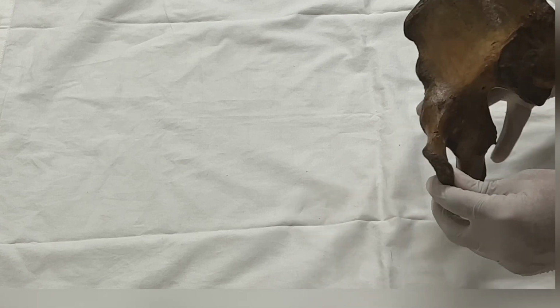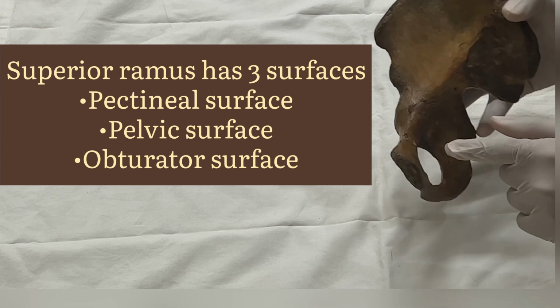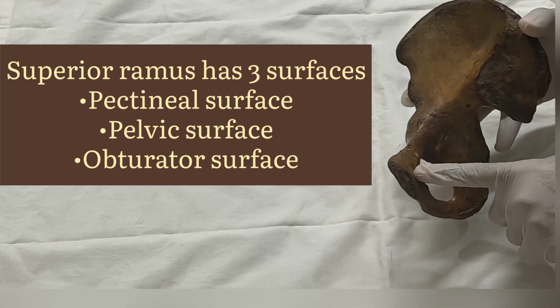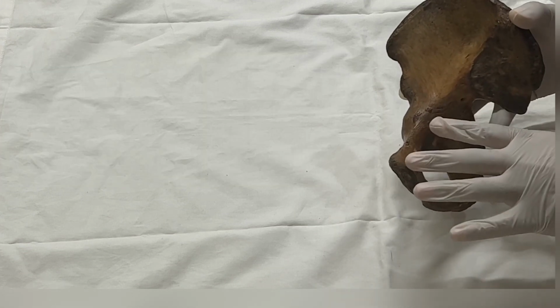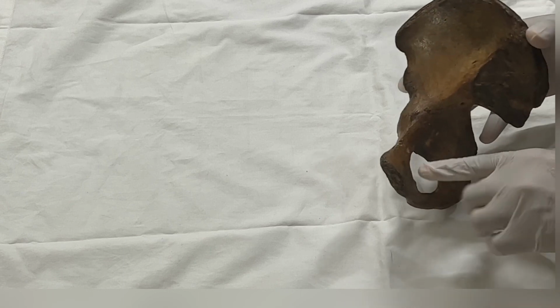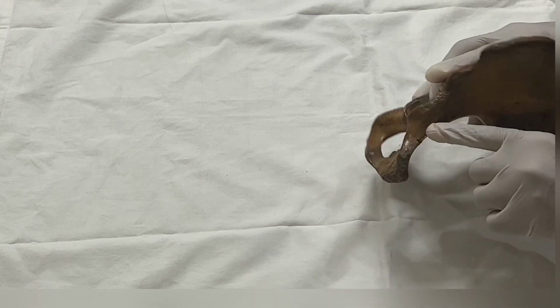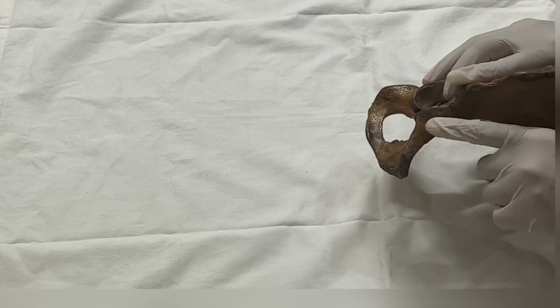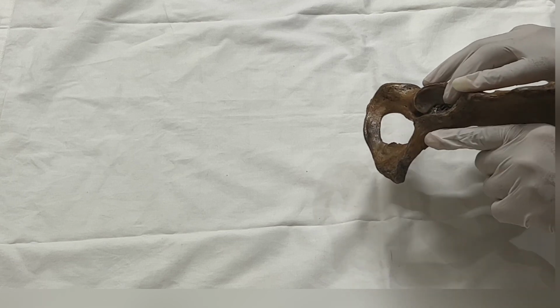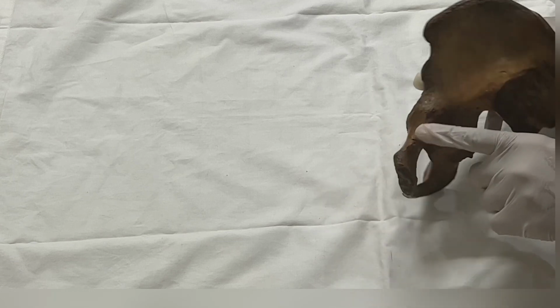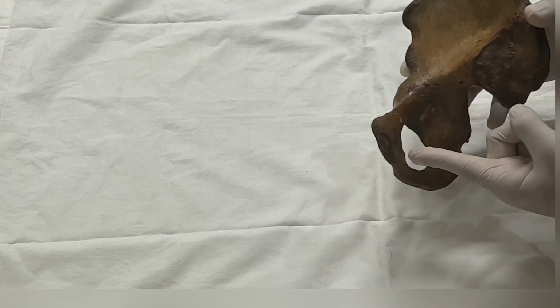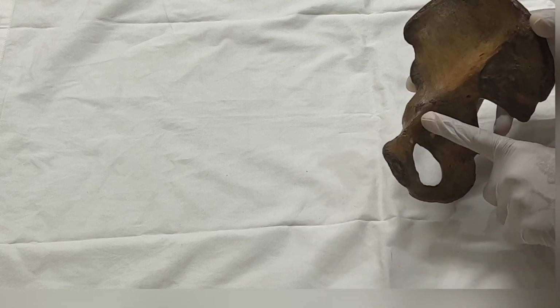If we talk about the surfaces, the first one is the pectineal surface. The pectineal surface lies between the anterior and the superior border. So this is the superior border and anterior border, and this is the pectineal surface. Next one is the pelvic surface between the superior border and inferior border. So this is the pelvic surface.